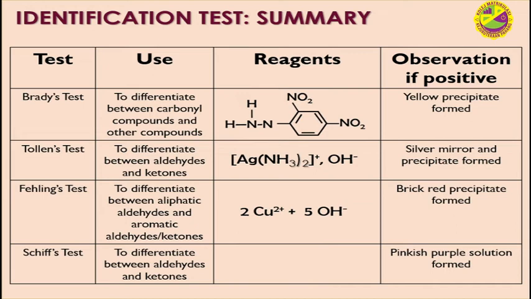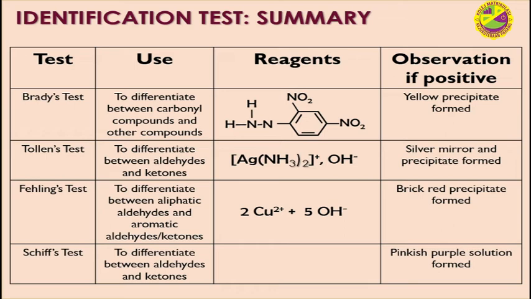The following table shows the summary of the identification tests. There are 4 tests: Brady's, Tollens', Fehling's, and Schiff. Brady's test is used to differentiate between carbonyl compounds and other compounds. The reagent is 2,4-dinitrophenylhydrazine.